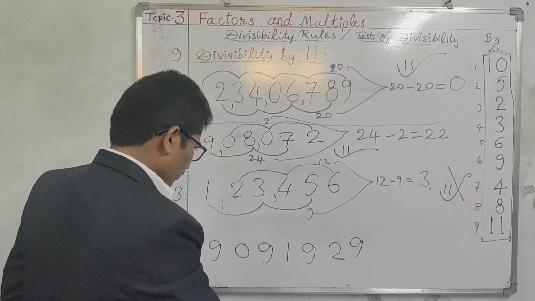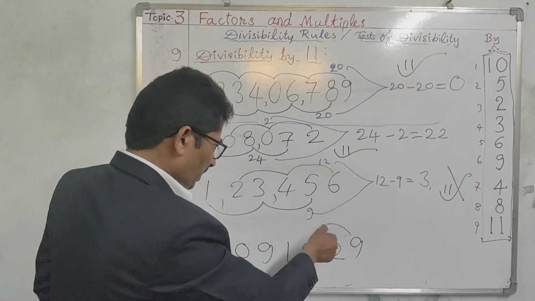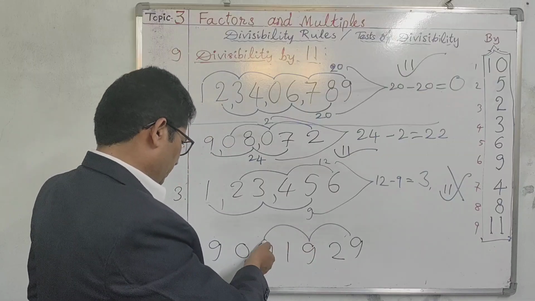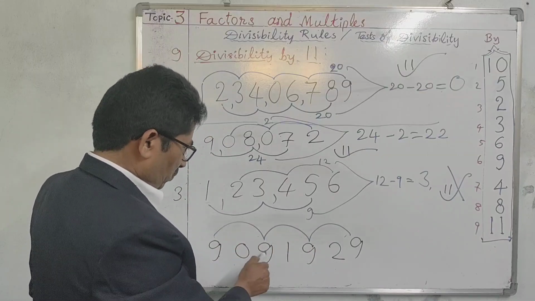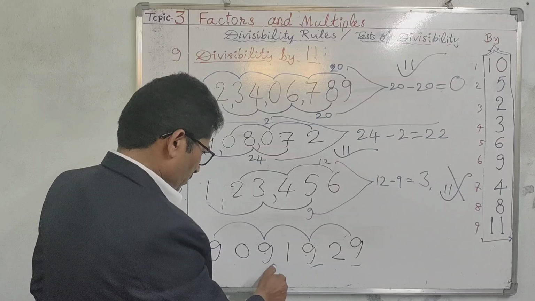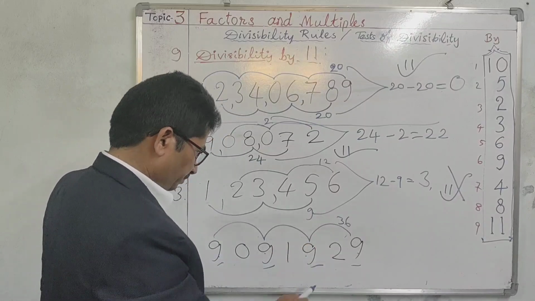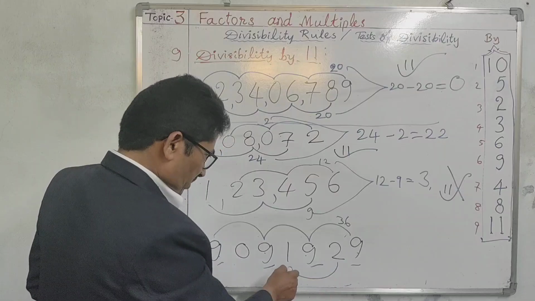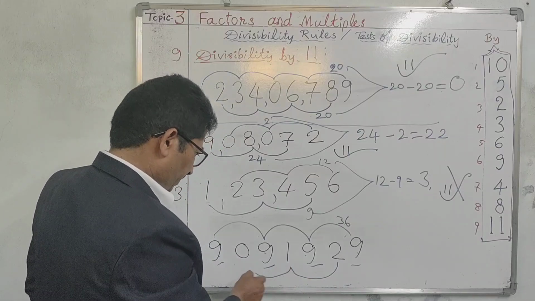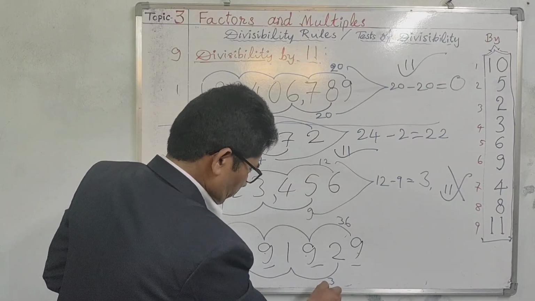Next, here we have the fourth problem. 9, 9, 9. How many nines? 1, 2, 3, 4 nines. 4 nines are 36. Next alternate digits: 2 plus 1 is 3, 3 plus 0 is 3.